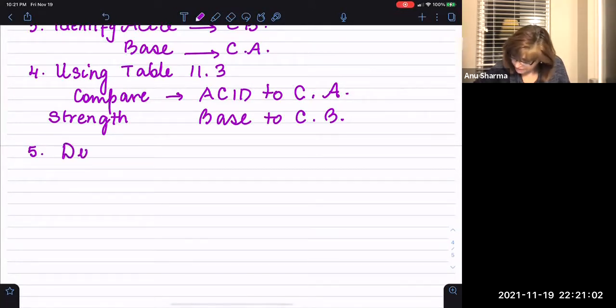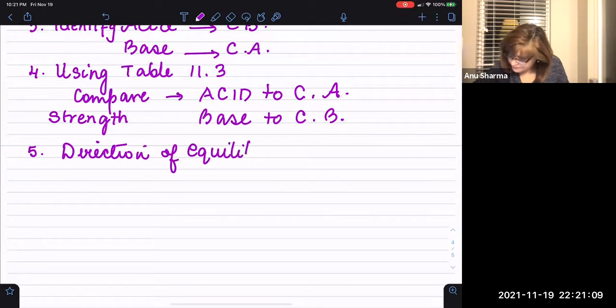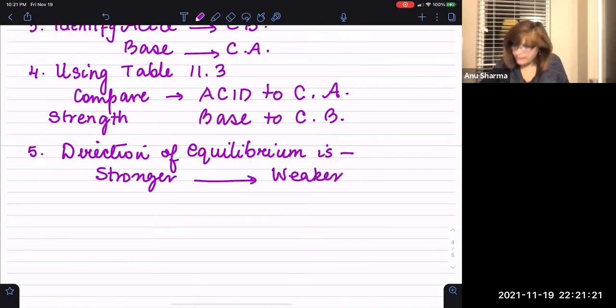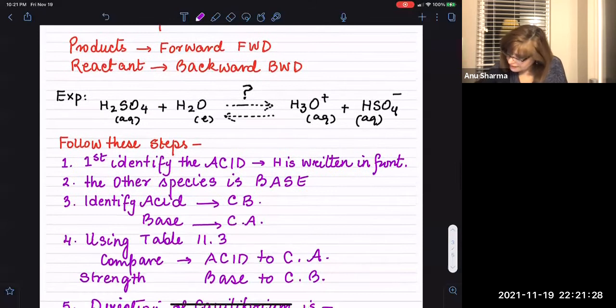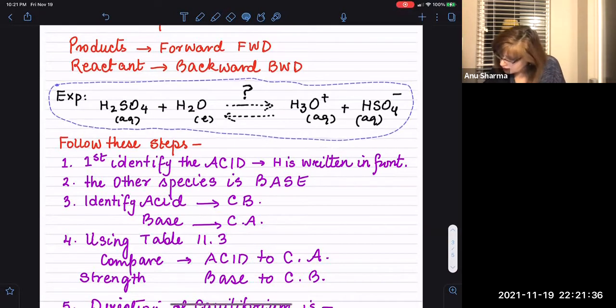So the direction of equilibrium is from the stronger side to the weaker side. Okay, so let's do this one first. Actually, I should move this out here so it's all in one place.